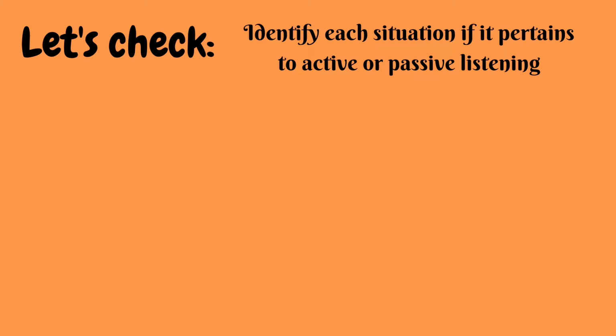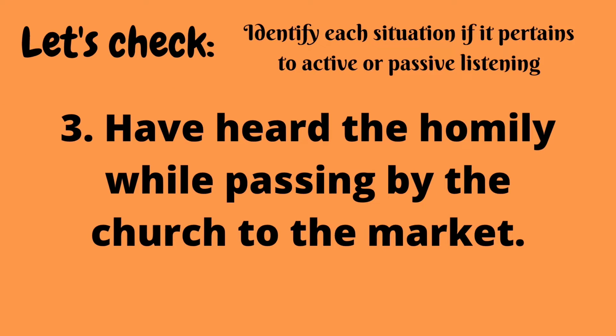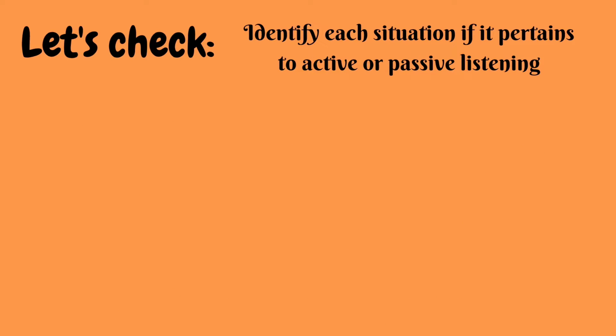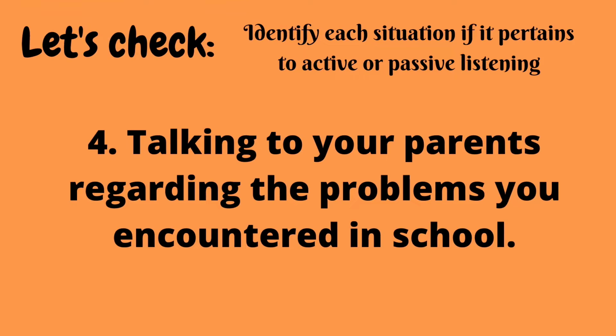Number 3. Have you heard the homily while passing by the church to the market? The answer is passive. Number 4. Talking to your parents regarding the problems you encountered in school.